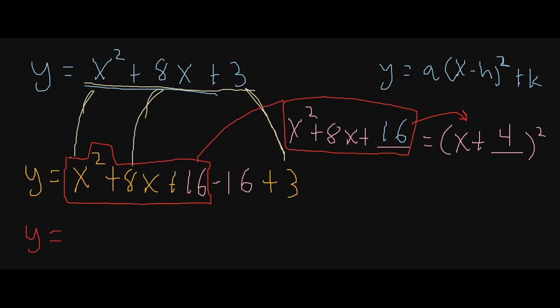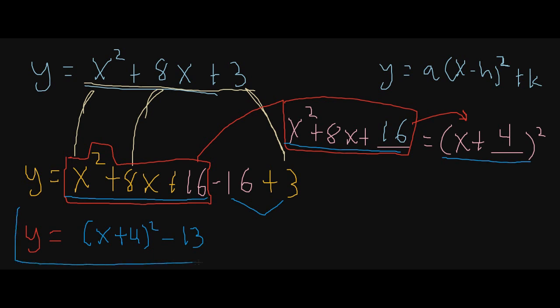So I hope you can see that we have x plus 4 squared, because x squared plus 8x plus 16, which we have over here, is equal to x plus 4 squared. And then last but not least, we just need to simplify this. What's negative 16 plus 3? You could do that on your calculator, or 16 negatives, 3 positives, we're going to get minus 13. And this is going to be my final equation here.